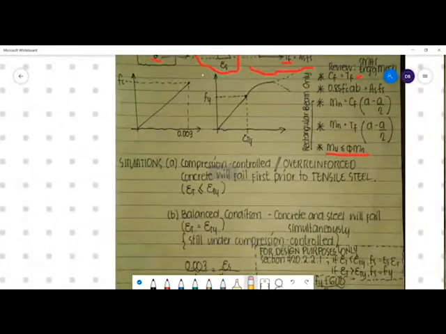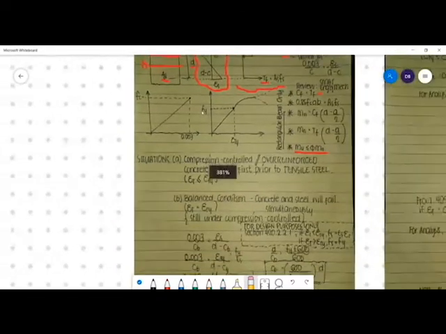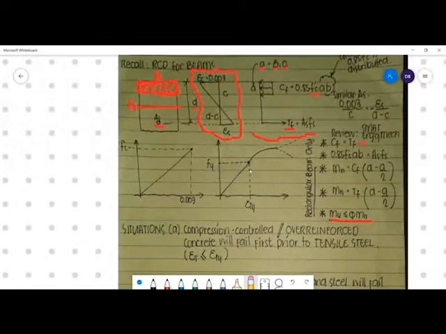So we know that from this figure, failure of concrete will occur when it reaches the strain of 0.003. Pero our E sub S will start to fail if the tensile strength had already reached F sub y.